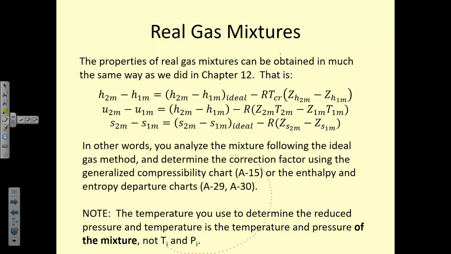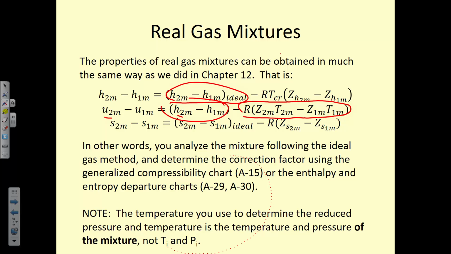Okay, so real gas mixtures, similar methodology, but now we find the gas in the ideal form. So we can find the change in enthalpy, and then the change in internal energy is just the change in enthalpy minus this R correction factor, using table A15 to find our Z values.